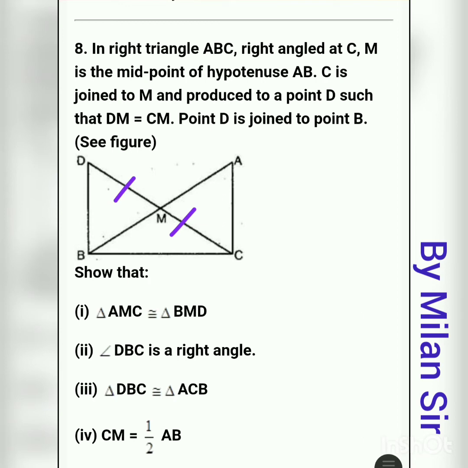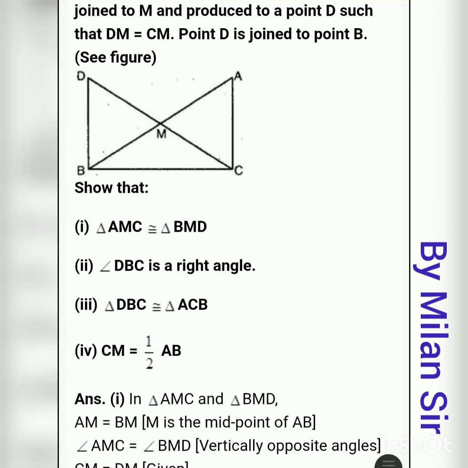Point D is joined to point B. See the figure and show that triangle AMC is congruent to triangle BMD. Prove that triangle DBC is a right angle triangle. Prove that triangle DBC is congruent to triangle ACB, and prove that CM is equal to half of AB.